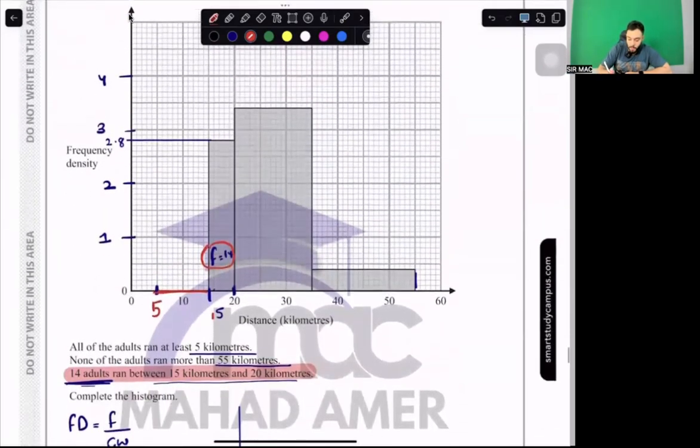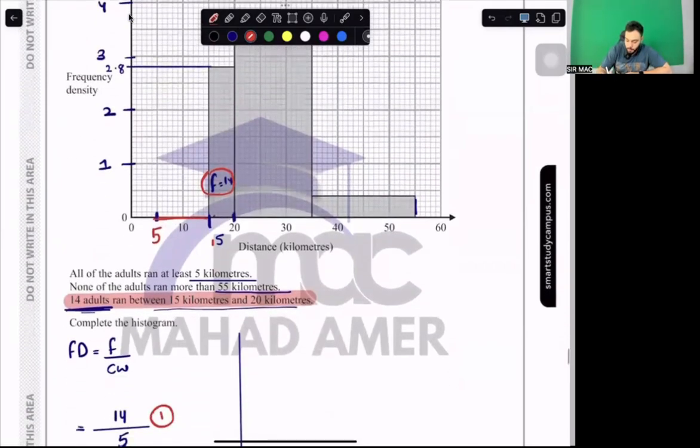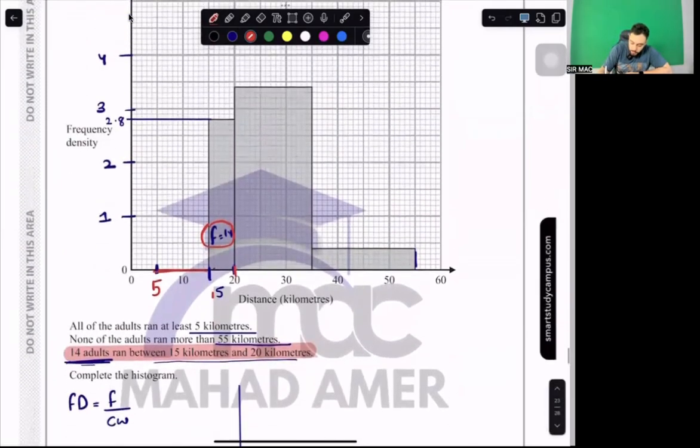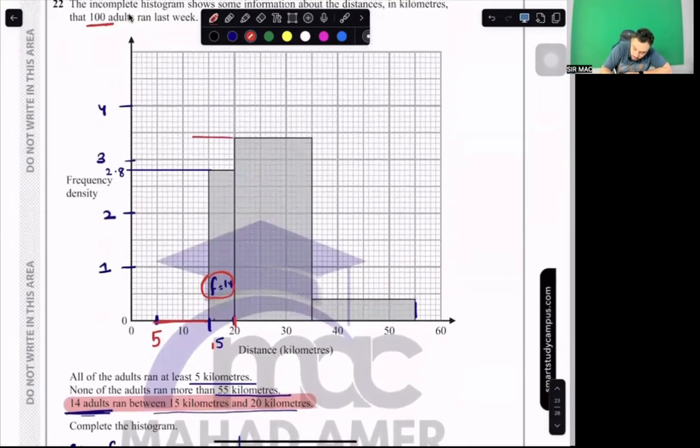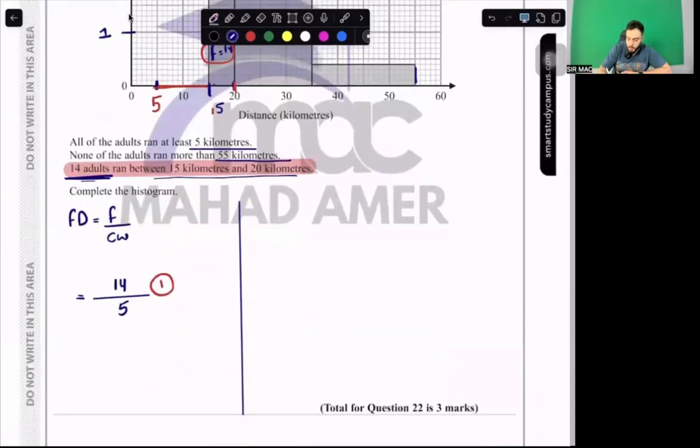Now this is the big one, the big block I'm talking about. For this big block, the frequency density is 3.4. The frequency is not known to us, but I have the frequency density, so I can work out the number of people. Frequency density again equals frequency over class width.